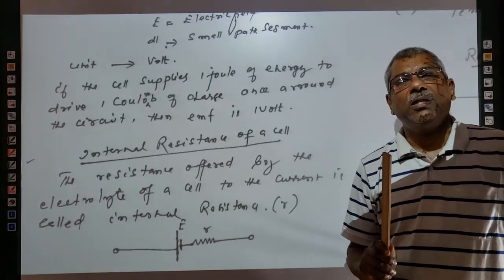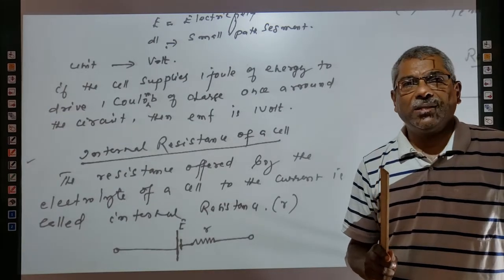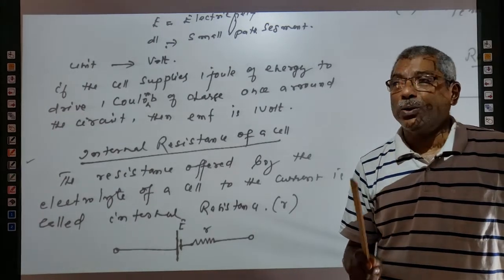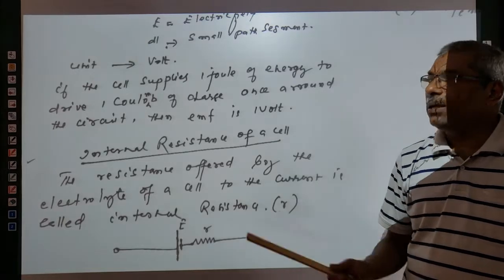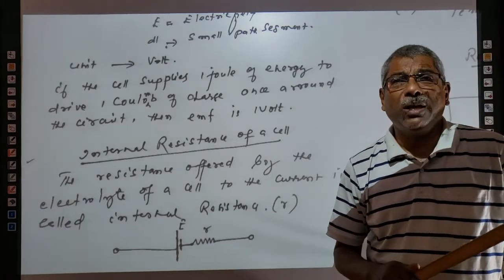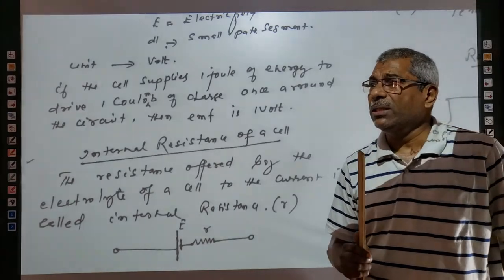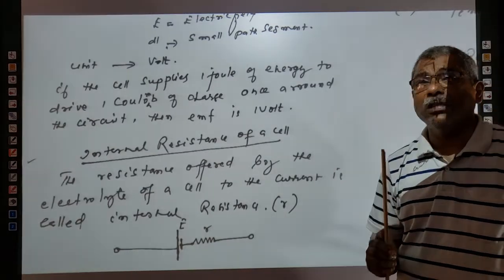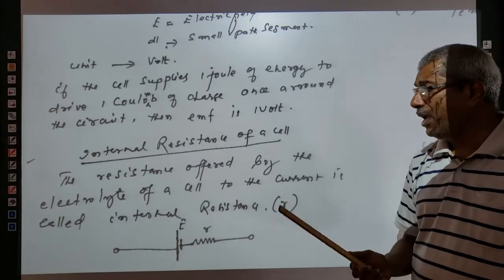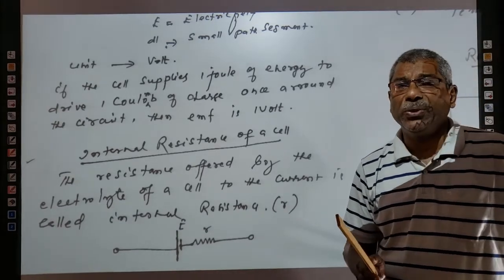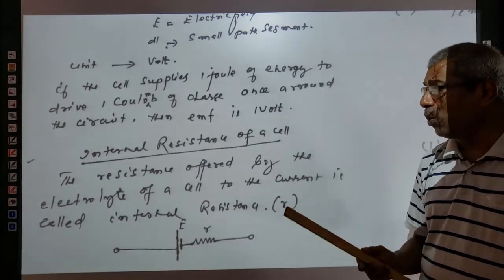We have already discussed that in electrolytes the charge carriers are ions, right? So due to the ionic motion in the solution, there is a resistance offered. That resistance is called internal resistance of a cell. Internal resistance of a cell is also measured using the same unit, ohms.